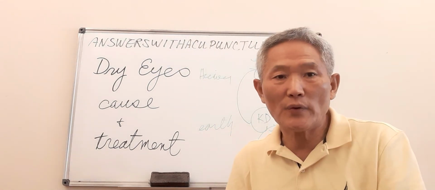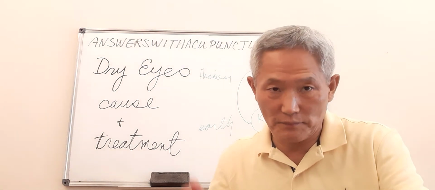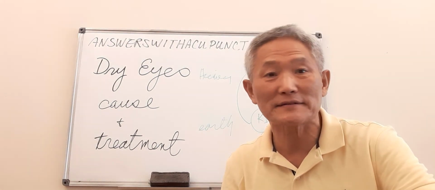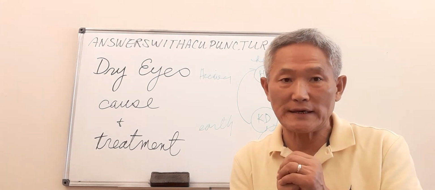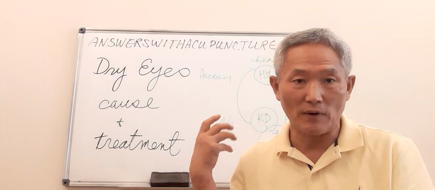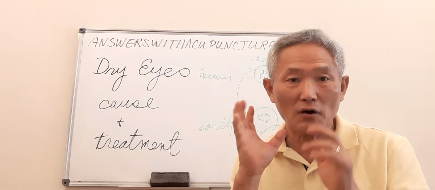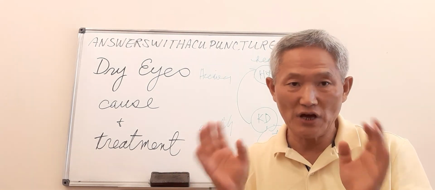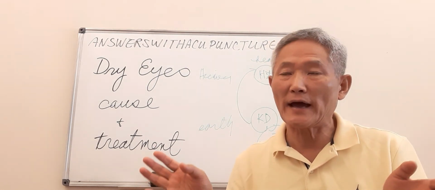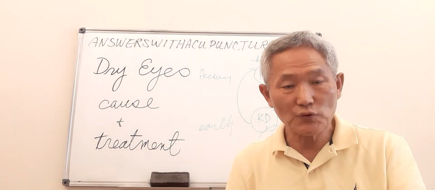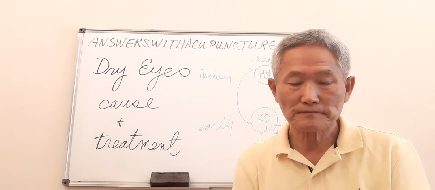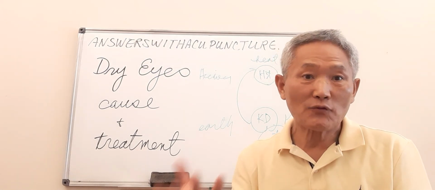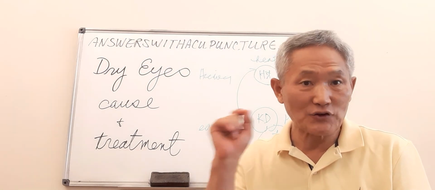So the best way, and I'm going to explain the second one too, is that you take some kind of herb to improve kidney function. The second one is that you get acupuncture treatment.